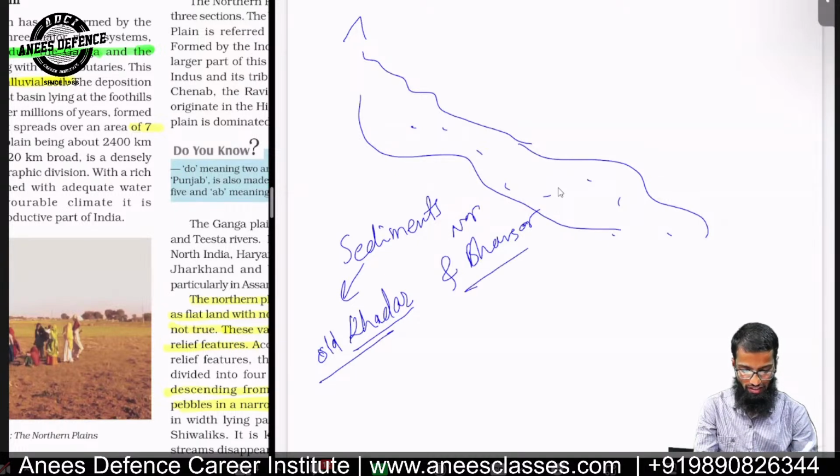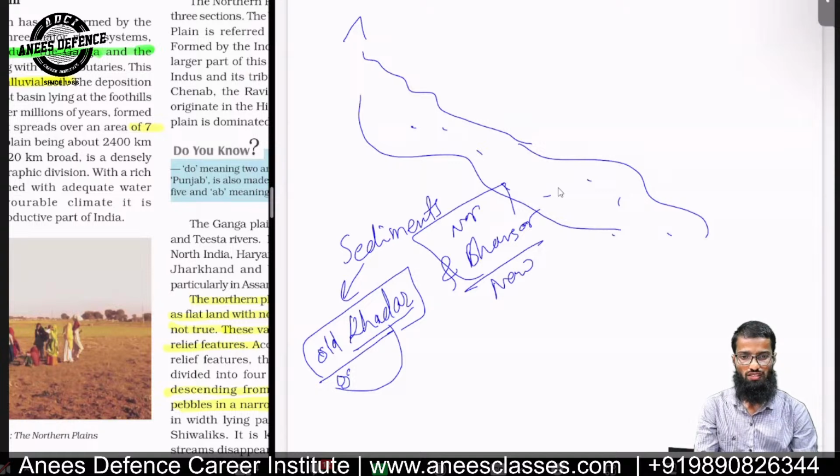Is this correct or wrong? Tell me. Whatever I have written, that Khadar is the old soil and Bhangar is the new soil, whether this statement of mine is correct or wrong, tell me. Put the message in the chat box. You know about this, right? That I have taught you. Khadar, Bhangar, Kankar, right?